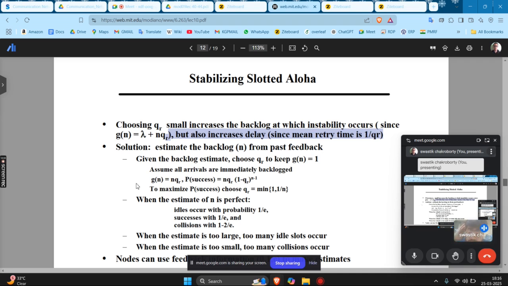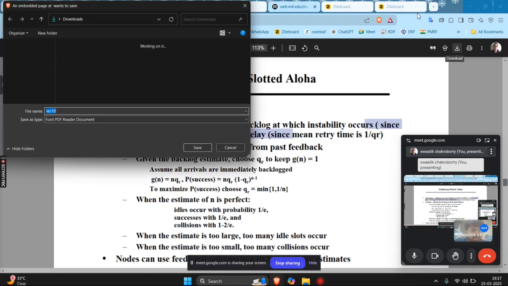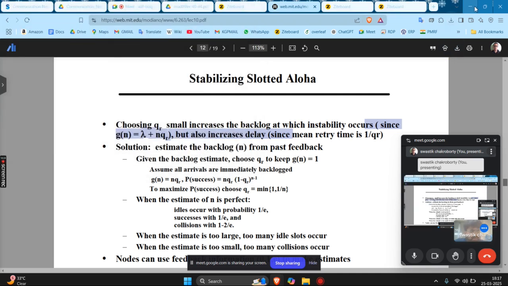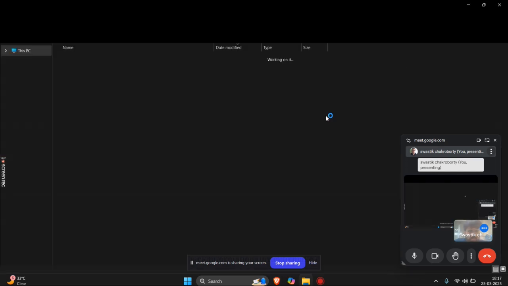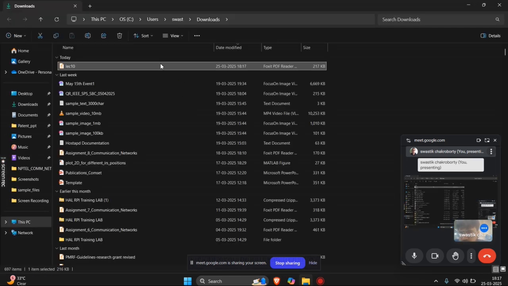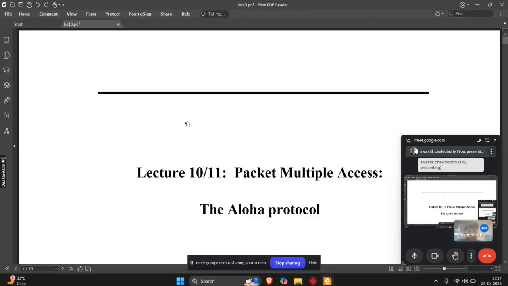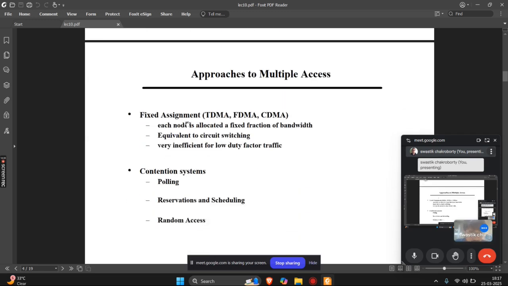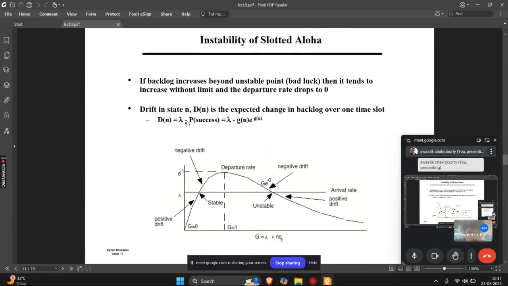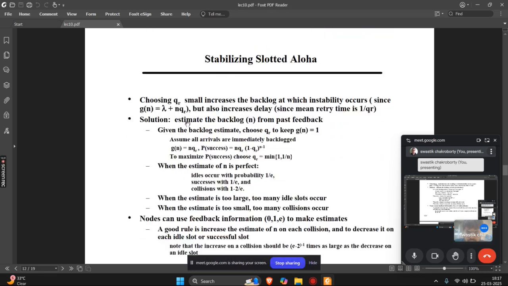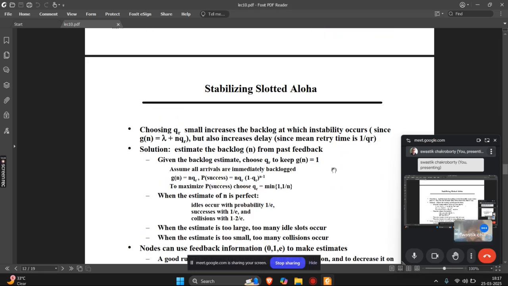So this is the rate at which the packet can retry. The time after which the sender can again retry sending the packet is given by QR. So the mean retry time is 1 by QR.